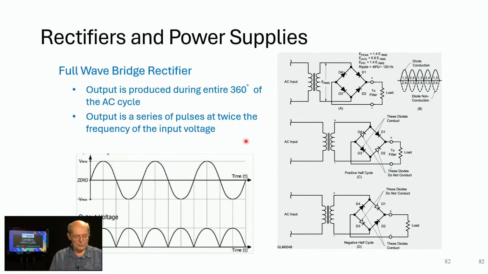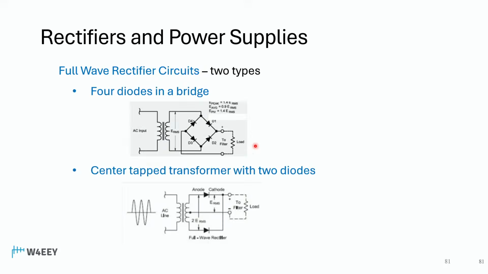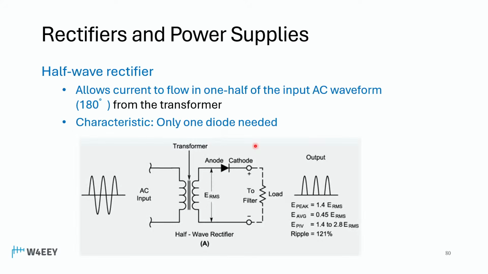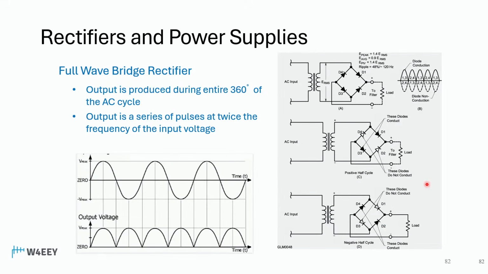So how does a full-wave bridge work? Well, remember we saw back for the half-wave rectifier, the diode was only conducting on half the cycle. Well, wouldn't it be nice if we could cause the output to occur in between these humps? Well, that's what a full-wave rectifier does. So here's the input waveform coming into the transformer.